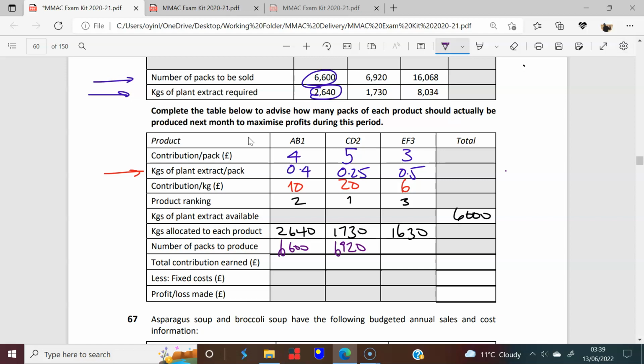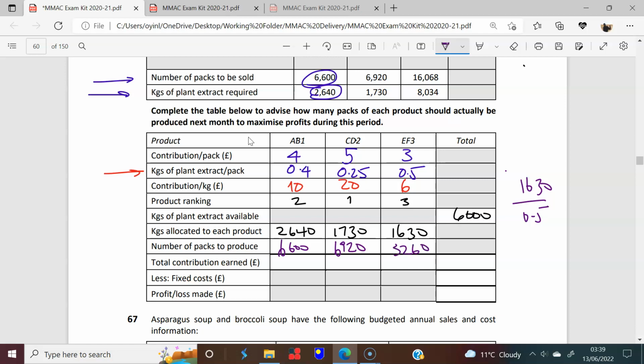Given that 0.5 kilograms of extract will get you a pack, 1,630 divided by 0.5 is the number of packs you can make. You can make 3,260 packs here.